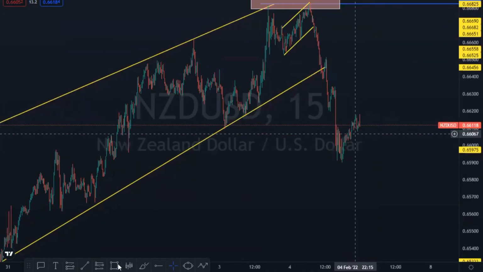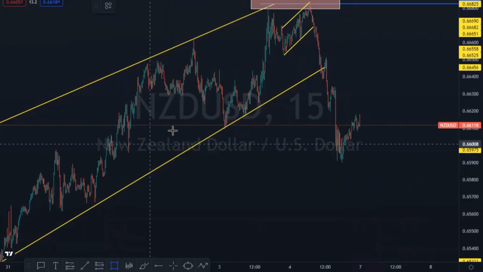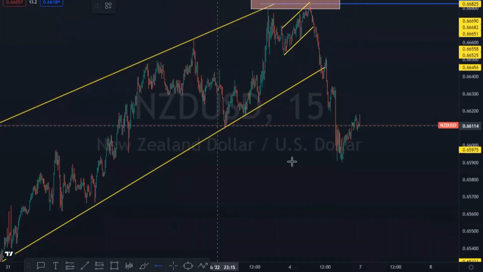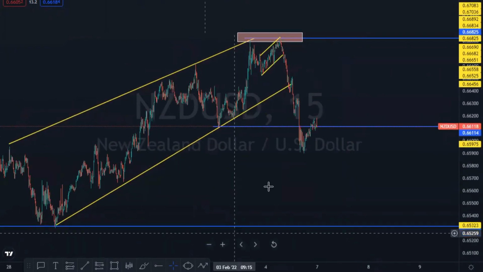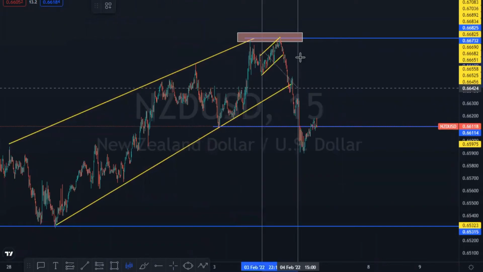So like I said, guys, one thing that we could wait for is the correction to mature. Then we can execute going to the downside.